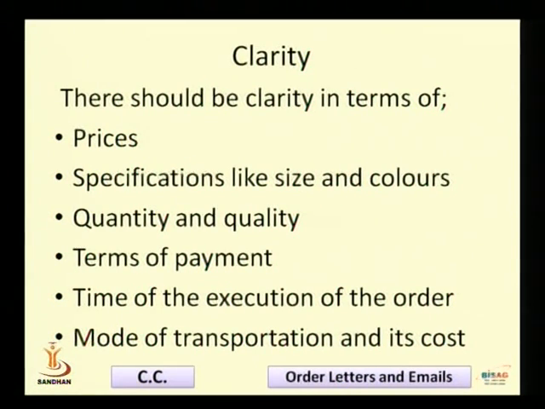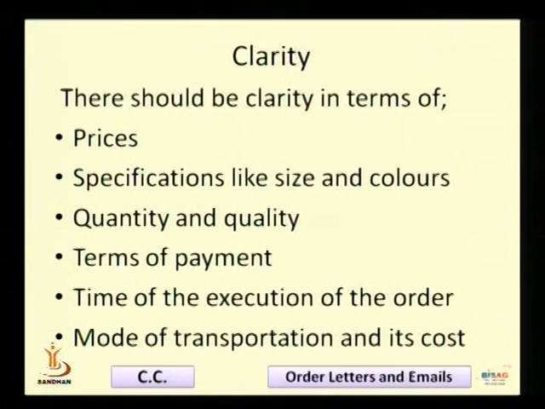So that must be made very clear outrightly when we are placing our order. If the buyer is sending some amount along with the letter, then he must specify that thing. The price must follow the catalog prices, so there must not be any variations, there must not be any problems in terms of prices. So one must take care regarding the prices and payment.